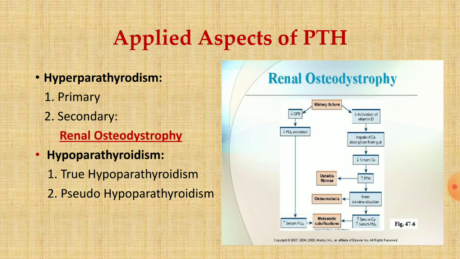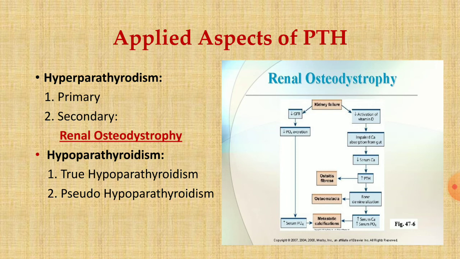Now something about the applied aspects of PTH. As I have mentioned, PTH is very crucial in maintenance of blood calcium level. So in the phase of its excessive secretion or hyposecretion, diverse clinical scenarios arise which are characterized by hyper or hypocalcemia, giving rise to different clinical symptoms and signs.